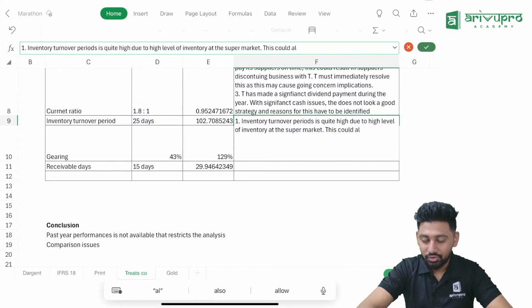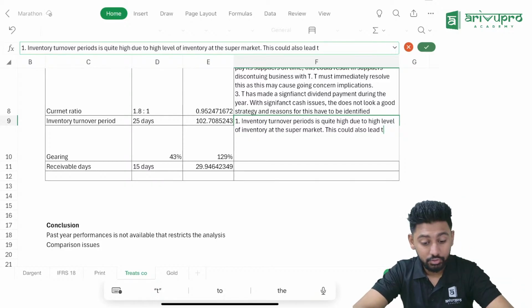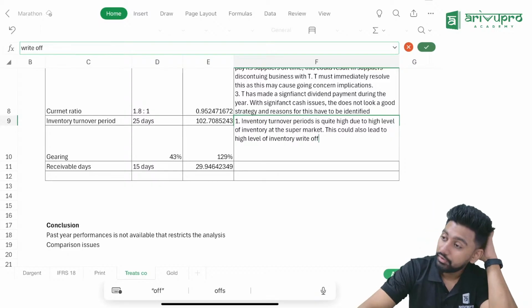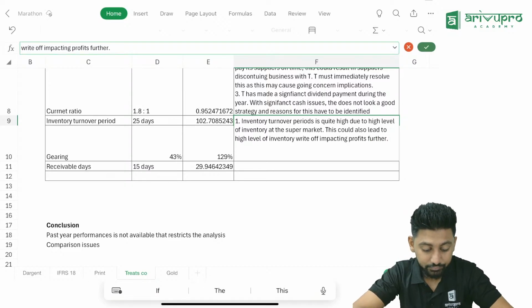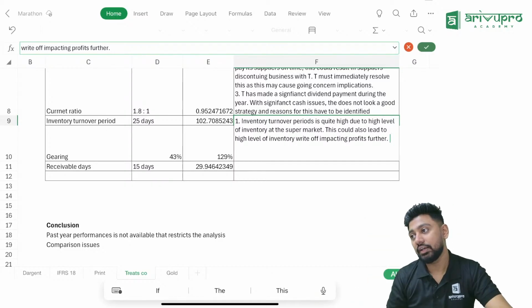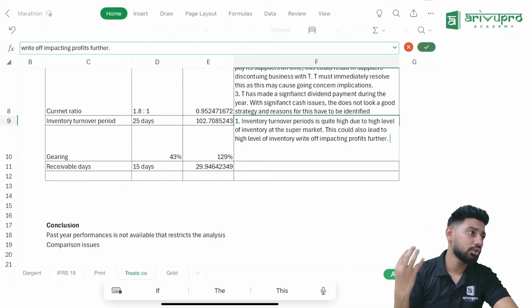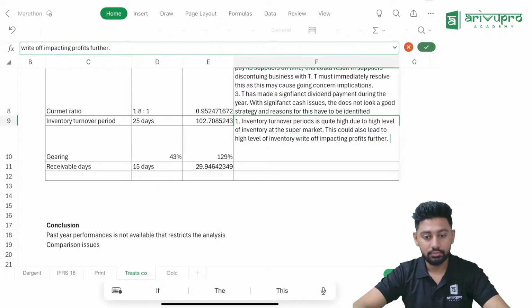This could also lead to high level of inventory write-off, impacting profits further. There's a lot of cash stuck within inventory. So immediately you have to find a way to bring in a credit control system where money is flowing in so that your survival is not threatened.